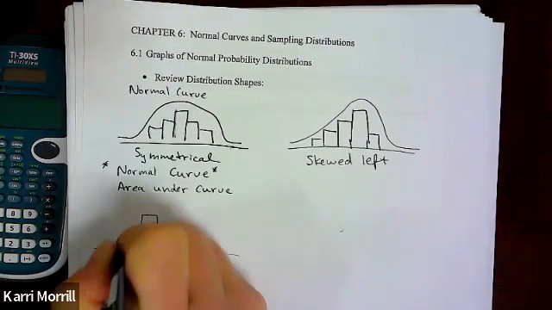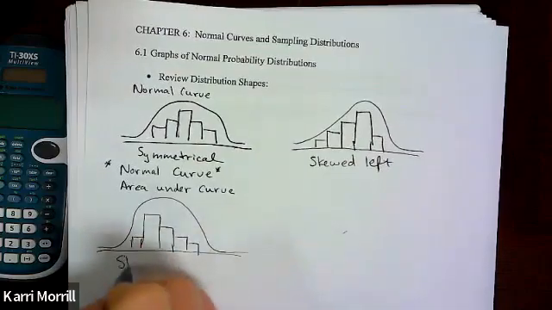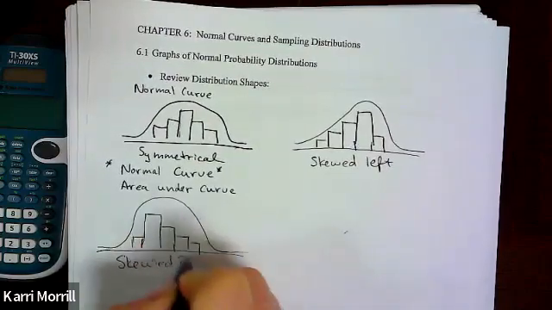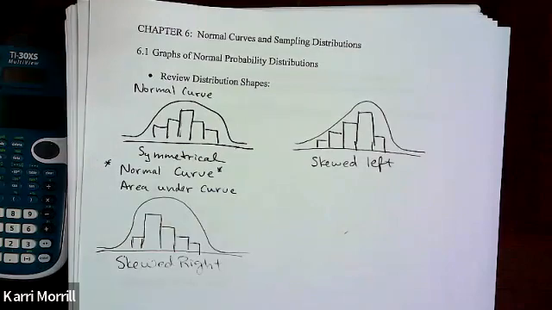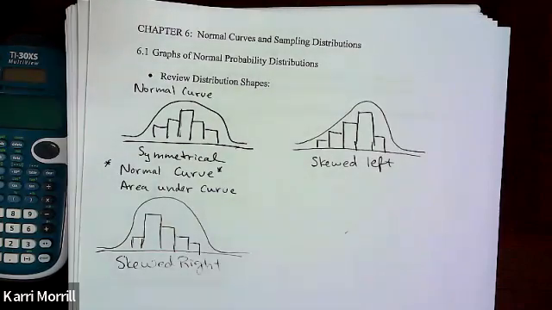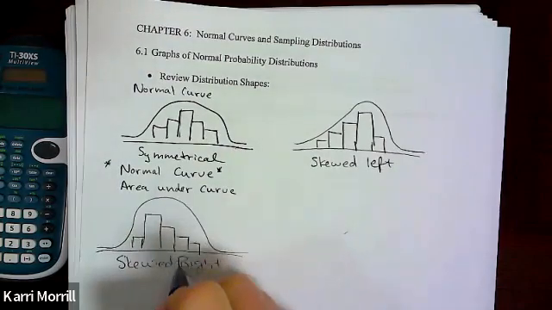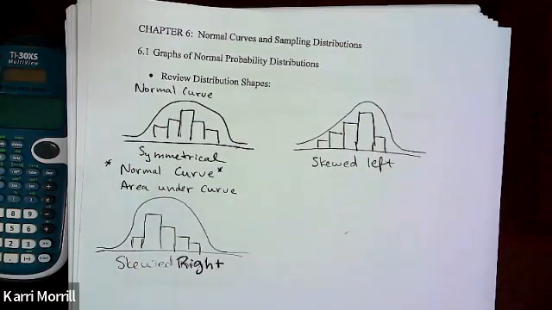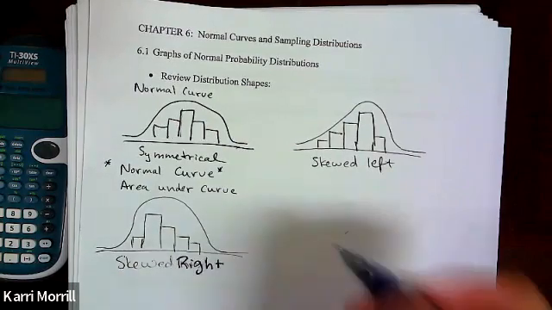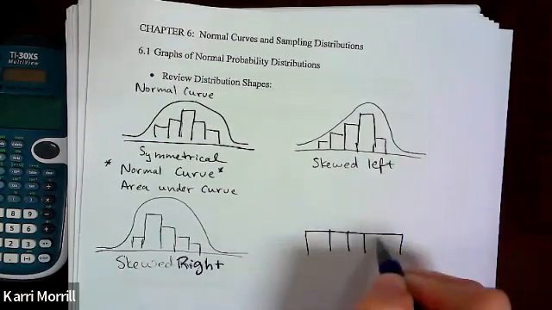So go like this, and then it slides down on the right, so we call that skewed right. Then we have the uniform one where it's all exactly the same.